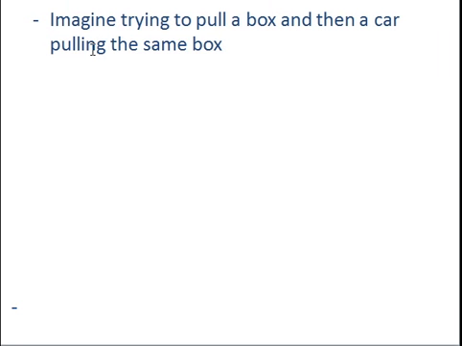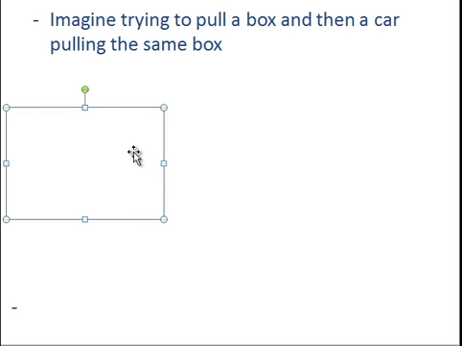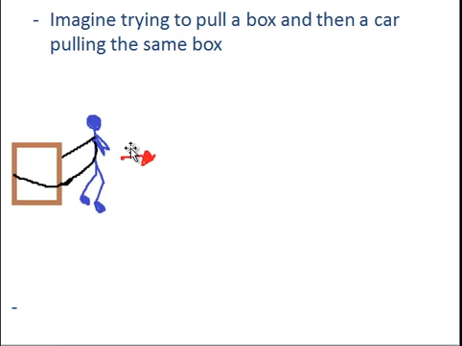So imagine trying to pull a box using two strings along a road, and then imagine attaching the same box to a car and that pulling it. That's two very different forces. You can pull the box at a much lower force than the car can pull the box. I've drawn two diagrams to help you understand this.